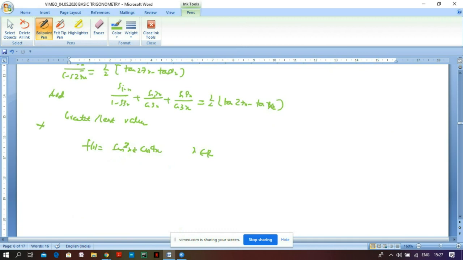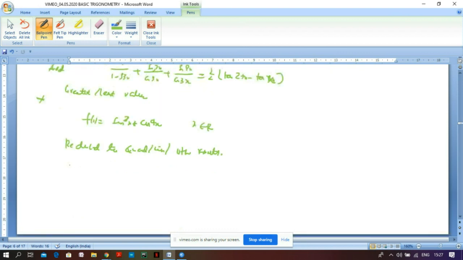These questions, in fact, can be reduced to either quadratic or linear or some other results which we can deal. So let me write f of x as g of t, that is t plus 1 minus t squared, where t is sin square x, I can assume.